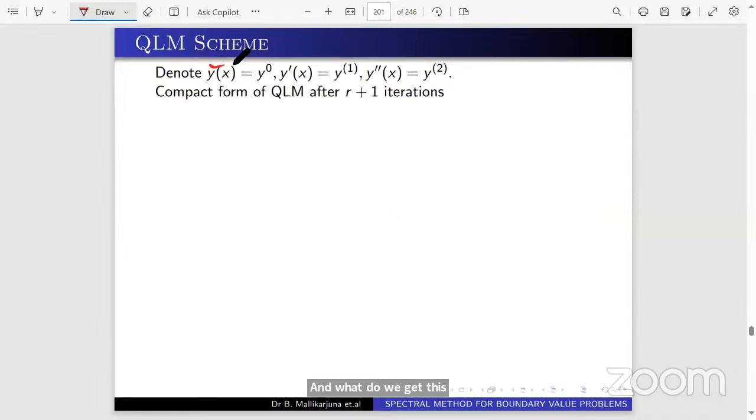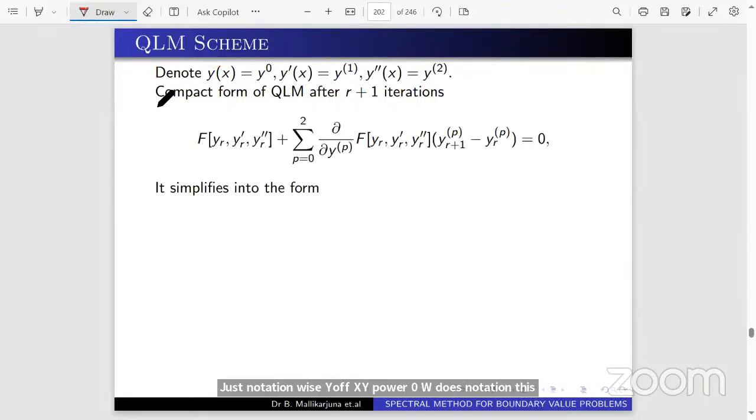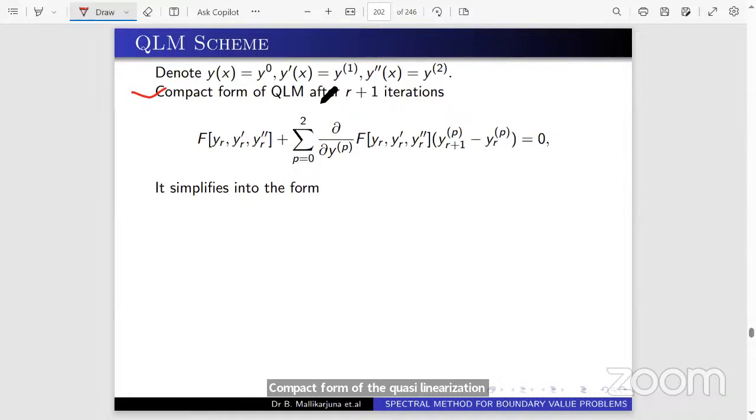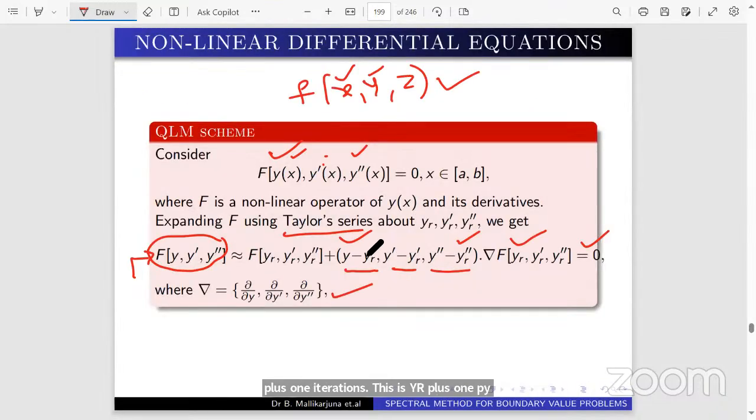Just notation-wise: y of x, y power 0, y dash notation. These are the notations we are taking. This is the compact form of the quasi-linearization method after r plus 1 iterations. This is yr plus 1 p, yr p. In place of y, we are taking yr plus 1.